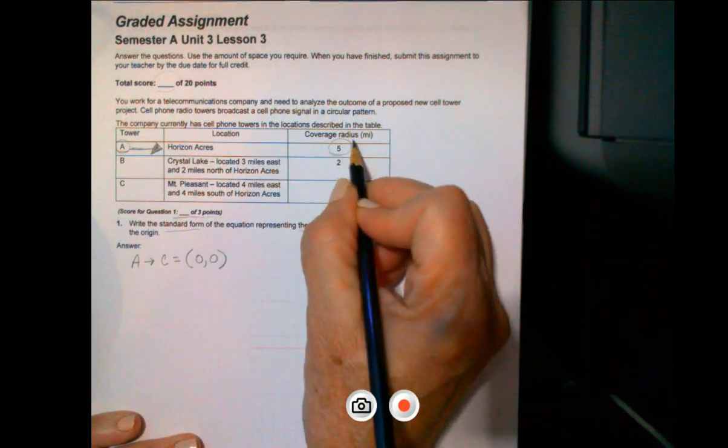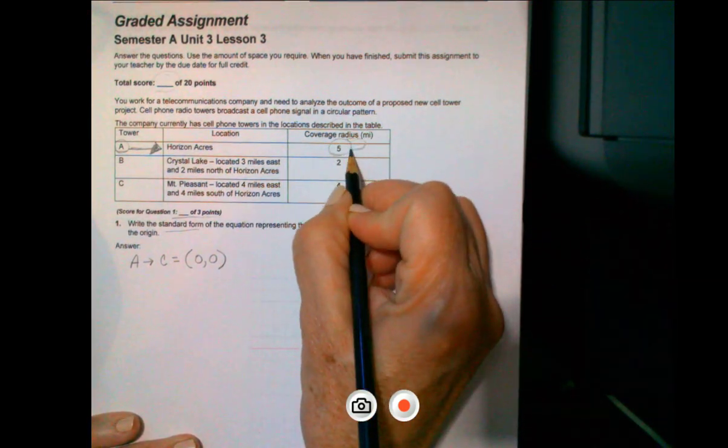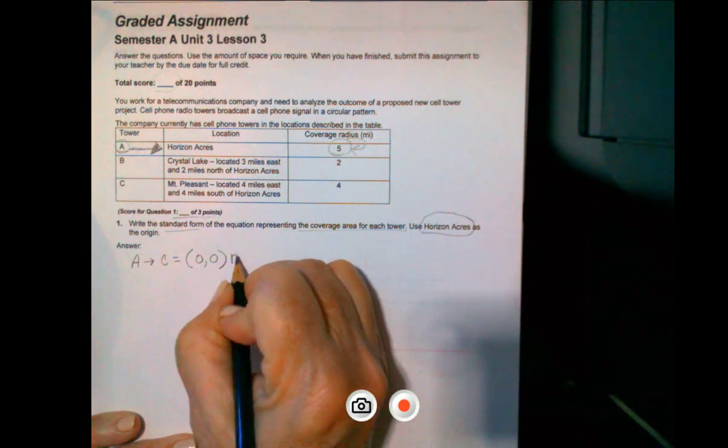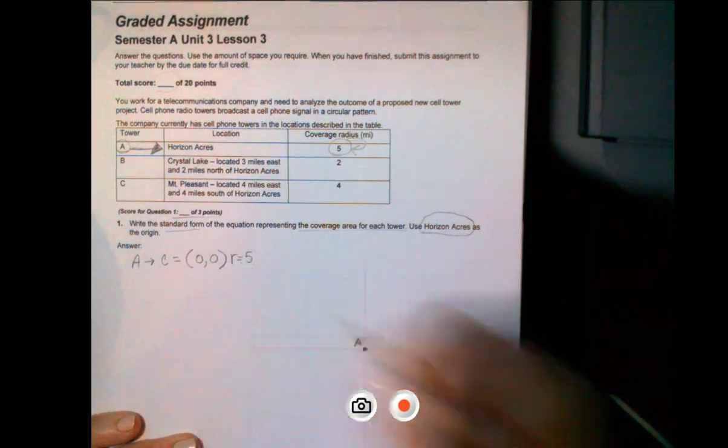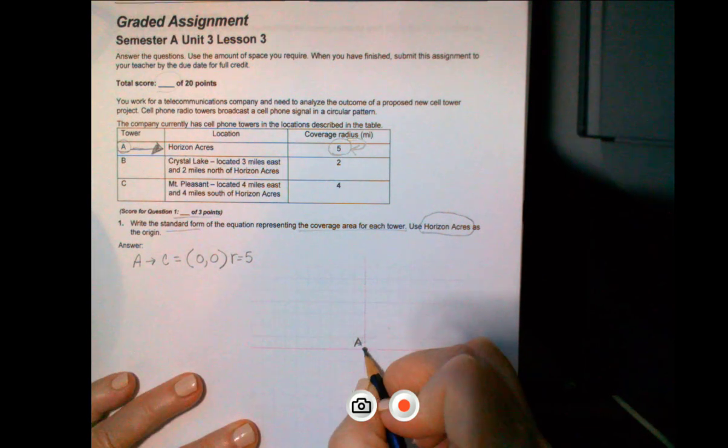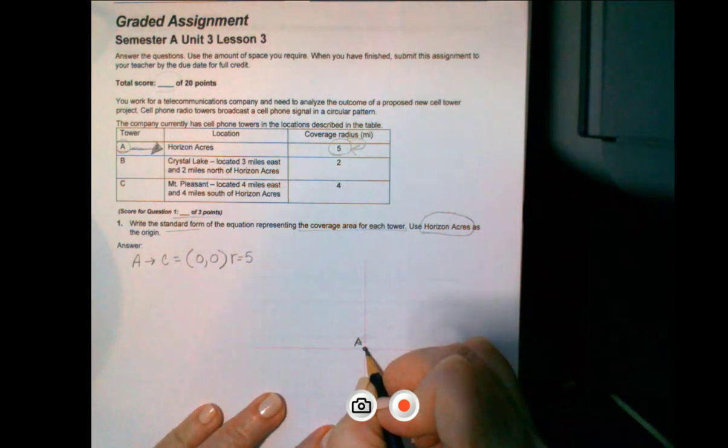And the radius is given to us right here. It's 5. So I'm going to go ahead and graph that. If I go in any direction from the center of the circle, out 5 units.